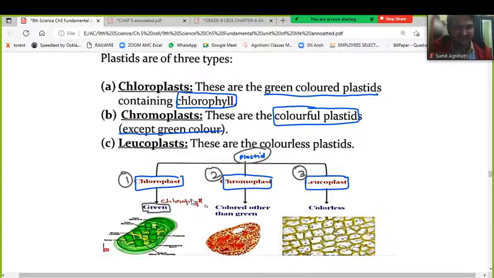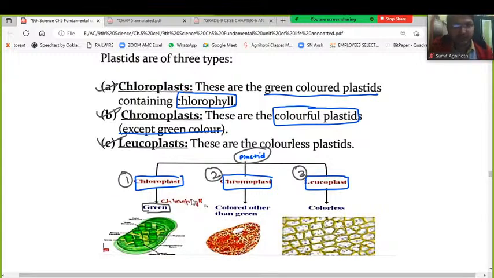Chromoplast, colored other than green. You can read from this point as well. Chloroplasts are the green colored plastids, containing chlorophyll, which is responsible for photosynthesis, and that is why plants which have chloroplasts can photosynthesize and can prepare their own food.